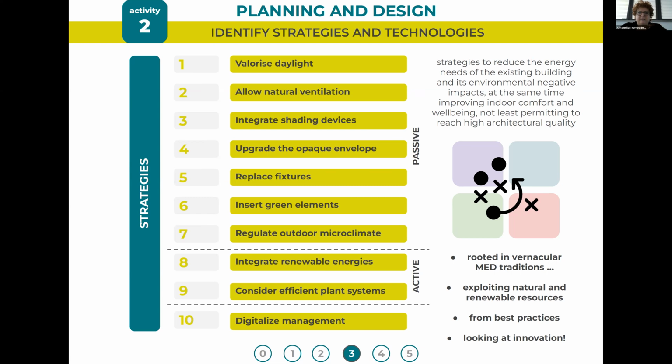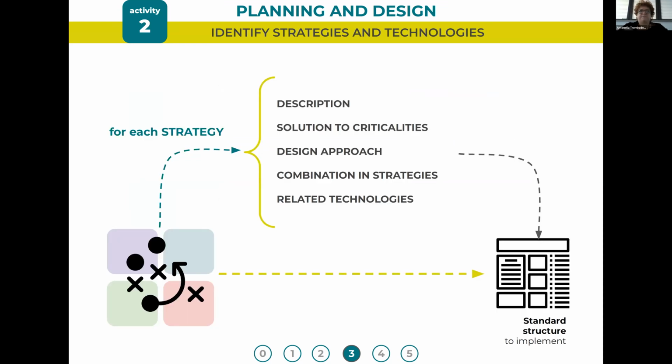After this, we can take benefit from active systems, so the strategies related to integration of renewable energy, considering efficient plant systems, and of course, to implement all these strategies, it's possible to integrate digital management or building automation energy management systems.